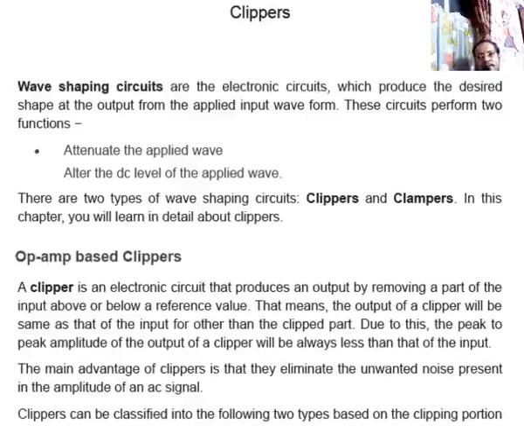Second one is to alter the DC level of the applied waveform. So there are two types of wave shaping circuit. One is called clipper circuit and another one is called clamper circuit. In this video lesson, I will tell you the details about clipper and clamper circuit.